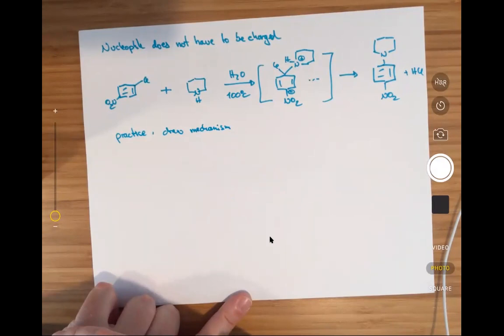So one is the one that we already addressed today, and that's that it needs a strong electron withdrawing group, ortho or para to the leaving group. So point one, strong electron withdrawing group, usually ortho or para to the leaving group.